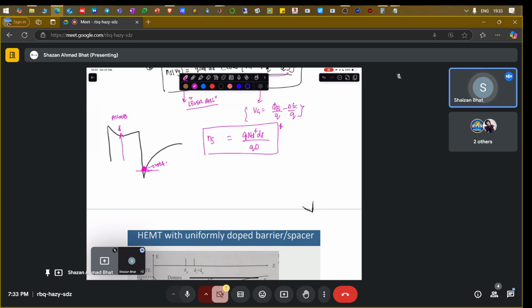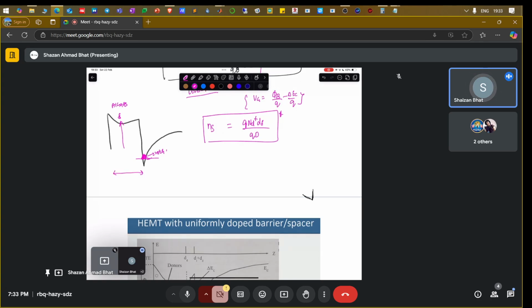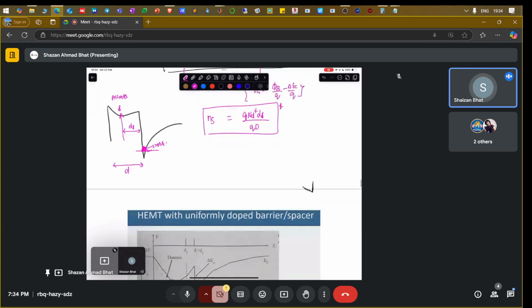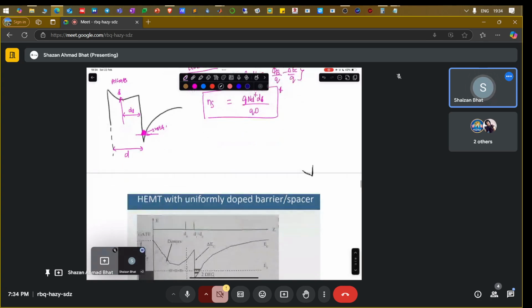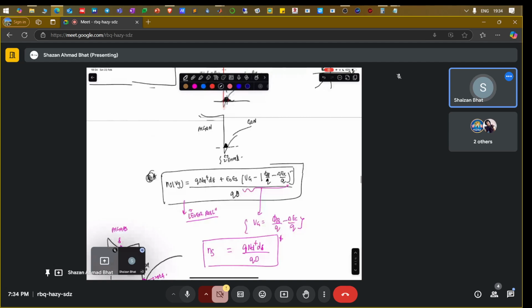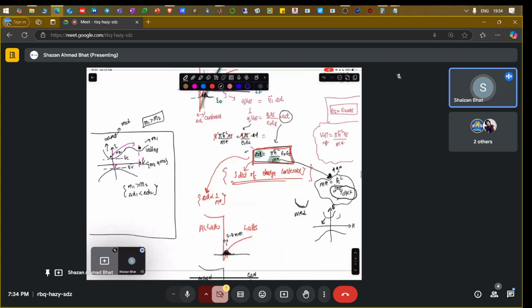Then the thickness of the aluminum gallium arsenide, let's call it small d, and the distance of the delta doping from the interface, because I have used d delta here, let's call it d delta. And this particular distance, which is the distance of this interface to the centroid of the charge, let's call it capital D. Basically capital D is d plus delta d. Delta d is this particular thing, the centroid, which we obtained using this equation. Here it is. So that is the overall capital D.